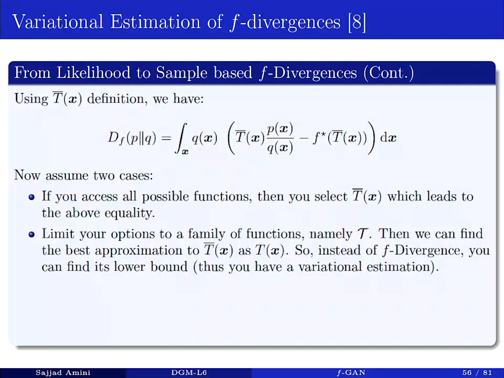When you have a complete family, they are exactly the same. So minimizing the lower bound is exactly minimizing the f-divergence. But when you have a limited family, there is a discrepancy, but the distance is fixed.